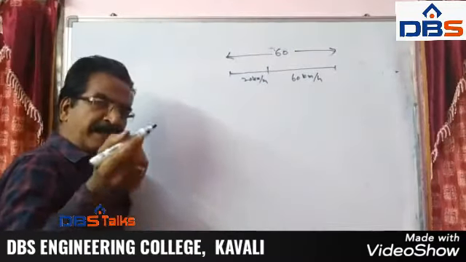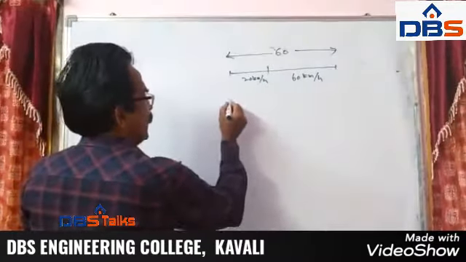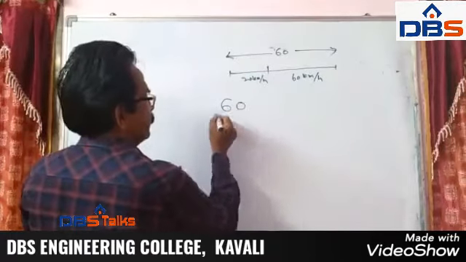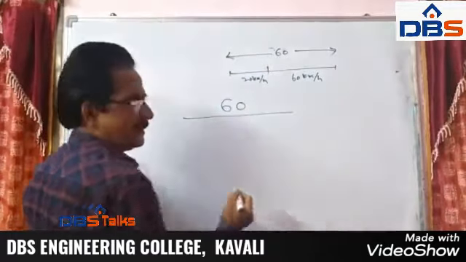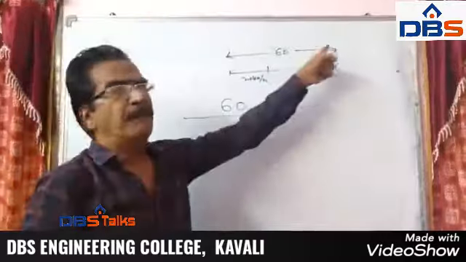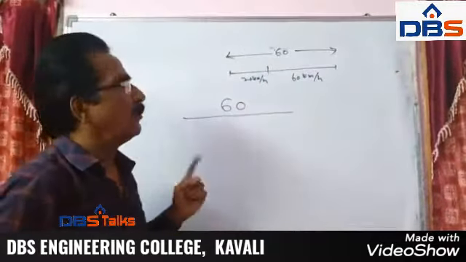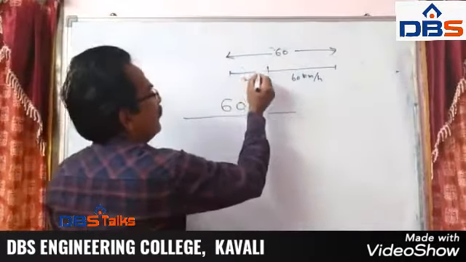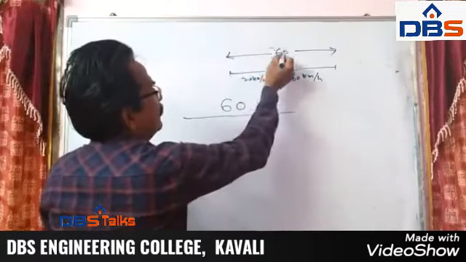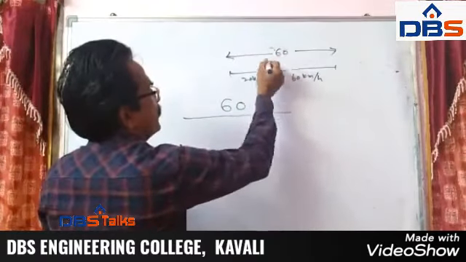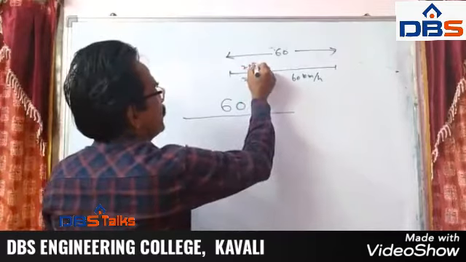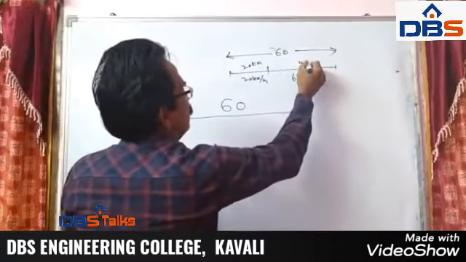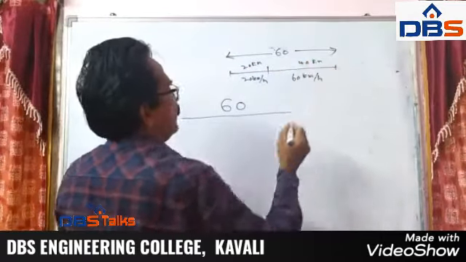Total distance by total time taken. Total distance 60 by total time taken. See, 1/3 of 60 means 20 kilometers, and this is 40 kilometers.